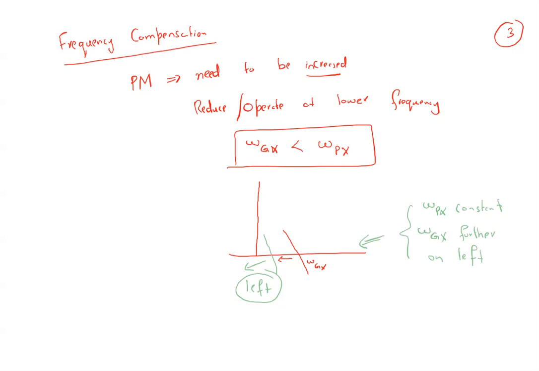The general concept is that this omega gx is ultimately your dominant frequency. So if you make your dominant pole, or the one which is deciding your bandwidth, move further towards the left hand side, it will lead to a system which is more stable with a higher phase margin.